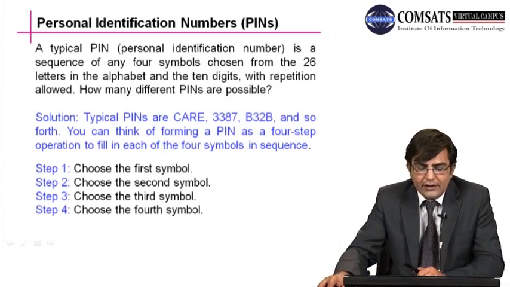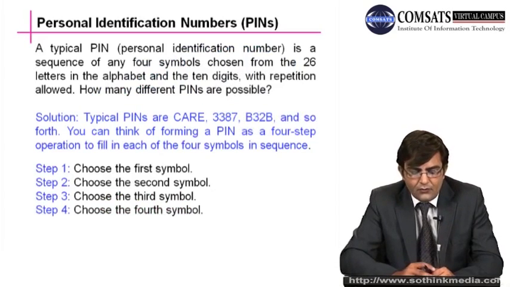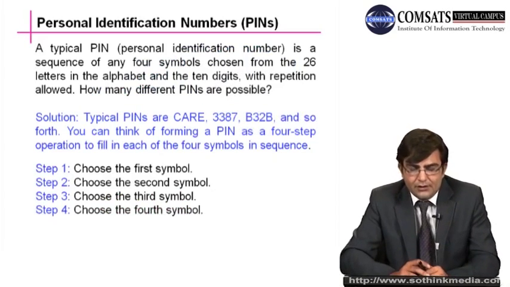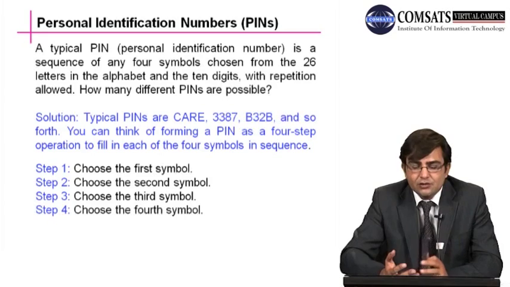Now, what are the possibilities to choose the first symbol? Because there are 26 letters and 10 digits, we have a total of 36 symbols or characters, out of which we can choose the first symbol of that PIN.